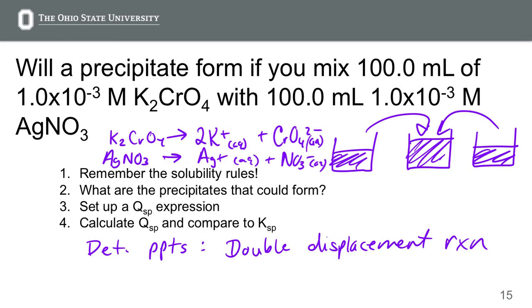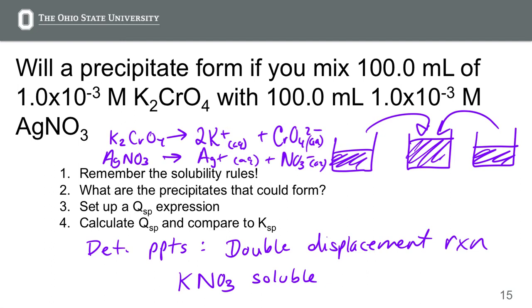So we originally had the potassium chromate. We can think about taking the cation, the potassium, combining that with the other anion in solution, which is nitrate. So KNO3. What do we know about that? It's soluble. All nitrates are soluble.